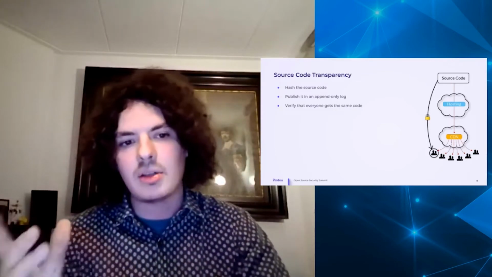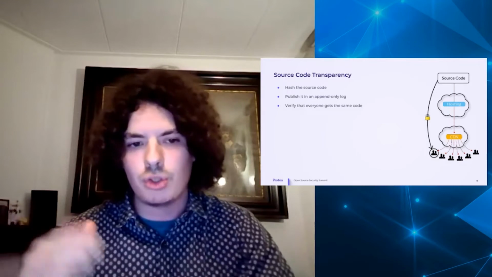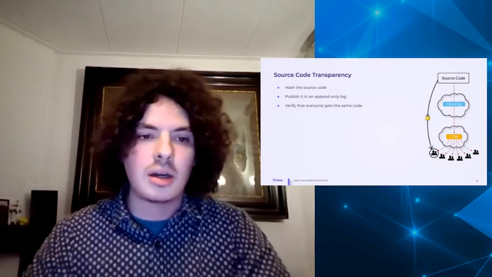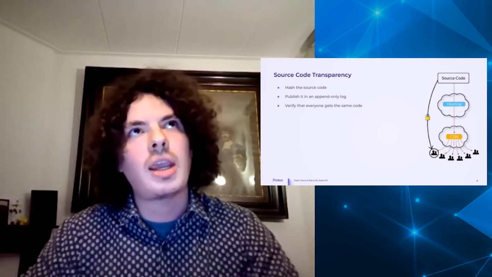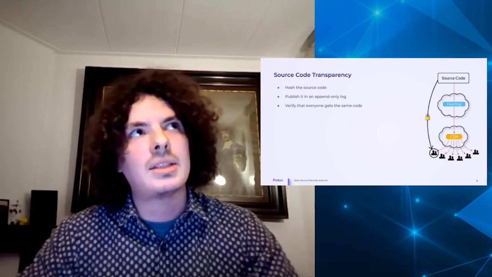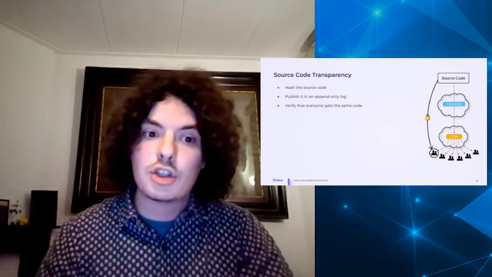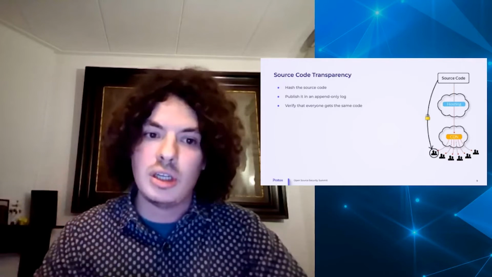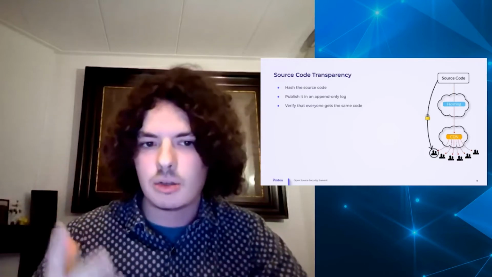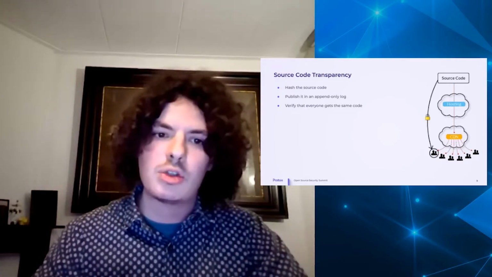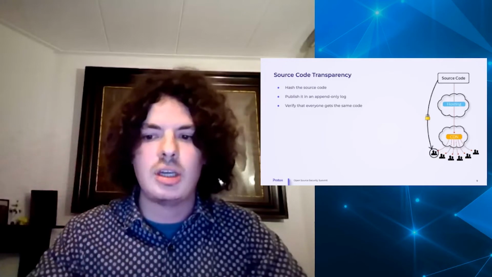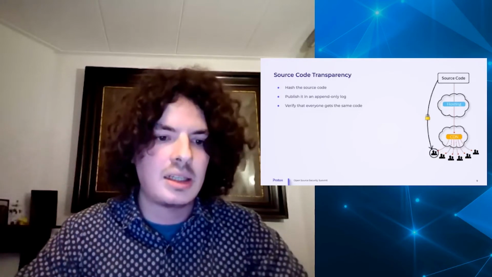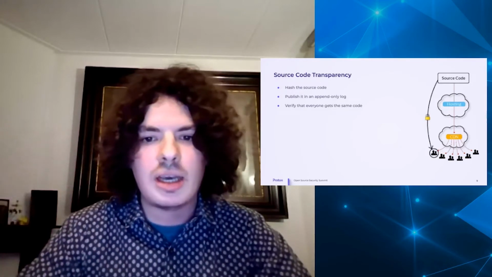And that way, the hash would end up in this append-only log, and everybody could check that the hash of the source code that they actually got when they ran the web app corresponds to this published hash in the append-only log, and that it is indeed the version that was published.